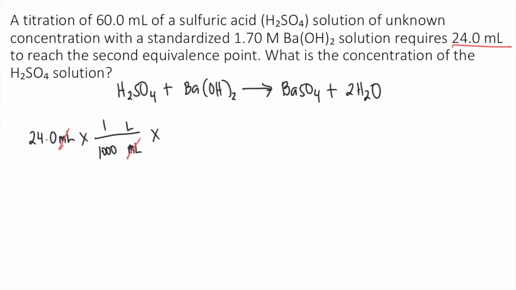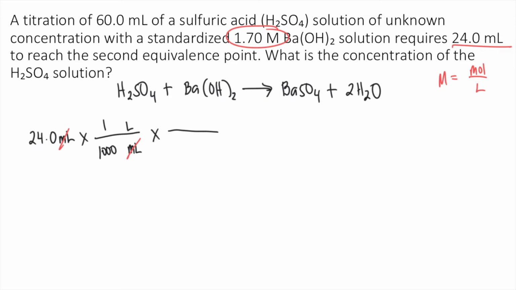And according to the problem, the concentration of the barium hydroxide solution is 1.70 molar. As you all know, if you can remember, capital M means moles per liter. So when you say 1.70 molar, that's just the same as saying 1.70 moles per 1 liter.